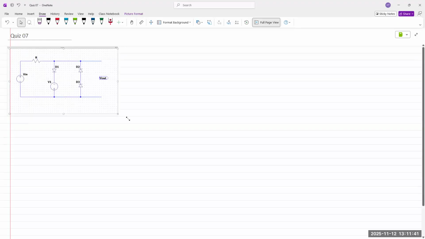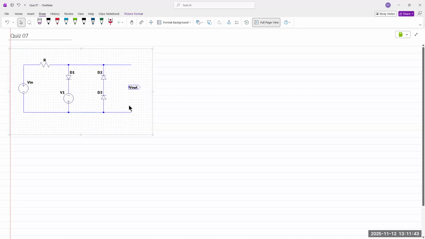We had a circuit made up of 3 diodes. Our V1 voltage source was 6 volts. And V in varied between plus and minus 10 volts. And we're asked to find V out, measured between the terminals on the right. Okay.